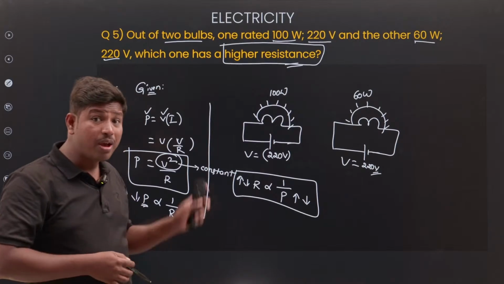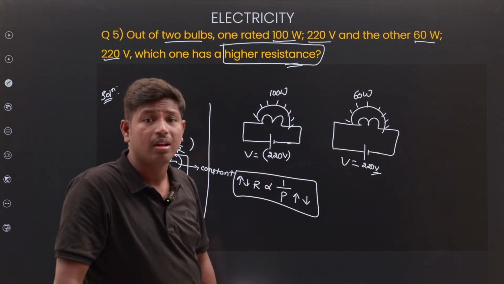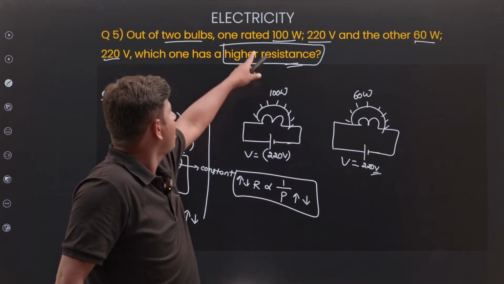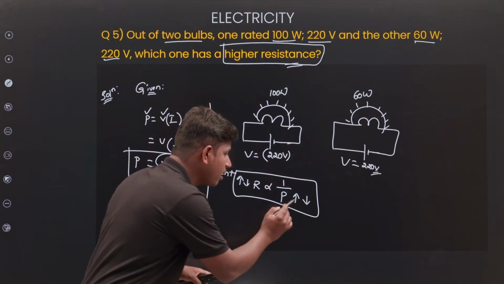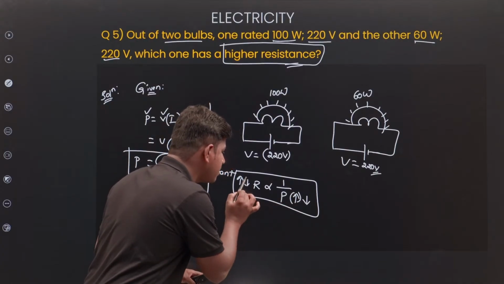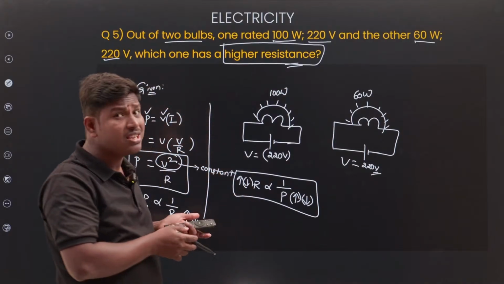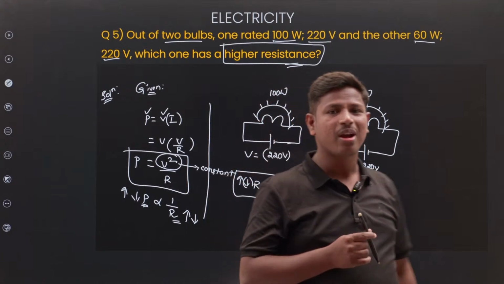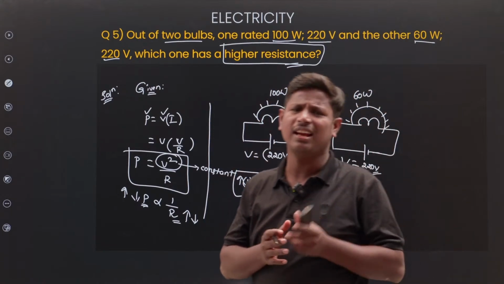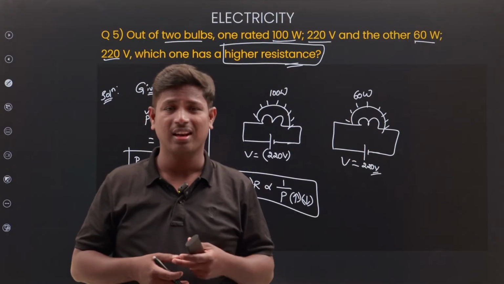Okay. So compare now the two bulbs, which is having more power: 100 watts. Power is more, resistance is less. Power is less, resistance is more. So which one is having more resistance? Anybody from the comment section? No need to calculate because the potential is the same.